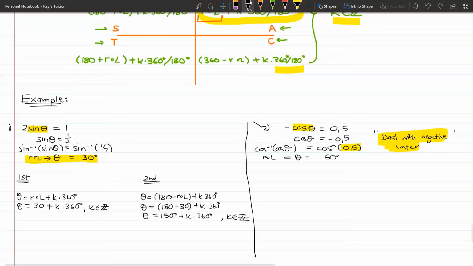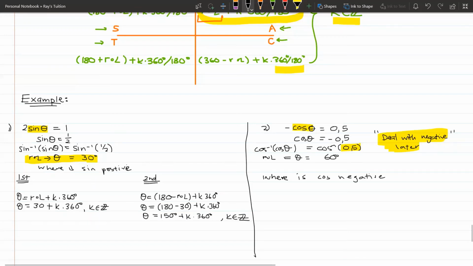Now we're dealing with the negative, so we're asking ourselves, where is cos negative? For the first question, we asked where is sine positive, and we got the first and second quadrant.